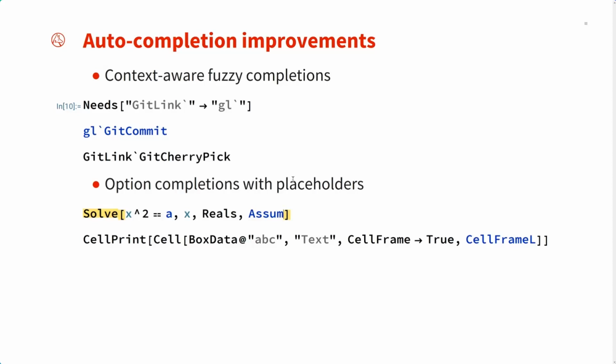But what if there isn't anything we could recommend because it's sort of free form? So, Solve: there are a couple of common possibilities for assumptions, but it depends on what variable you're solving for, or even other variables that might be in the equation. So I'm just going to take the completion.